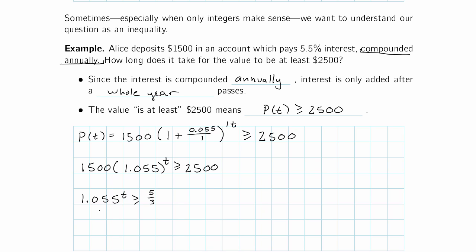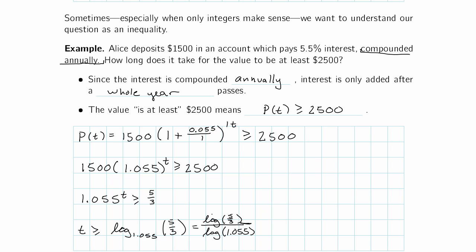So my base is greater than 1. I don't need to reverse the inequality. I'll get t is greater than or equal to the log base 1.055 of 5/3, which is the log of 5/3 over the log of 1.055.